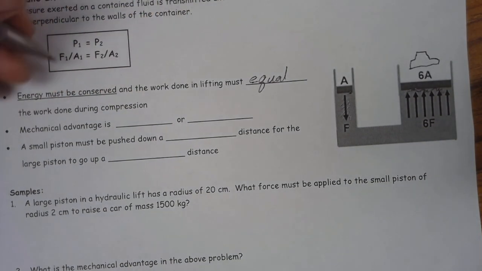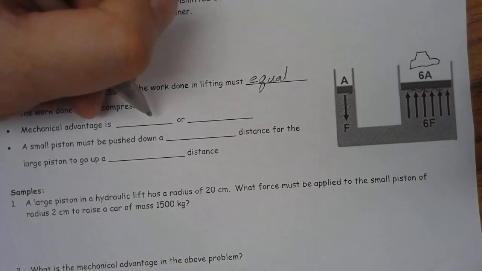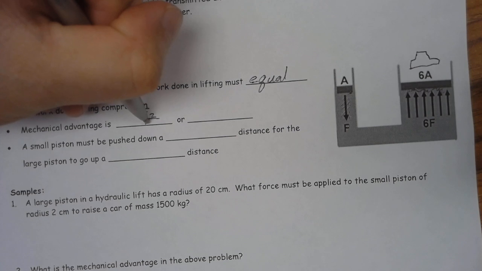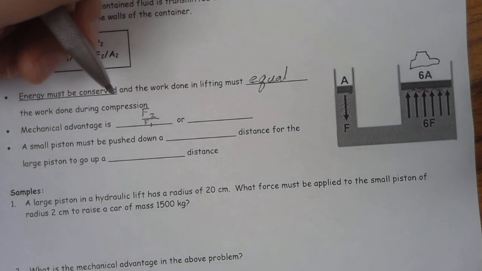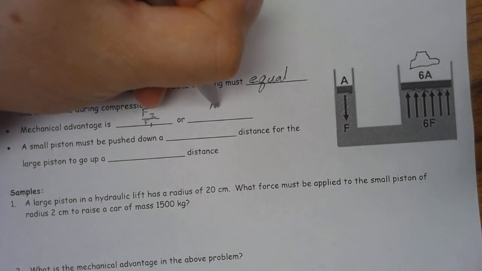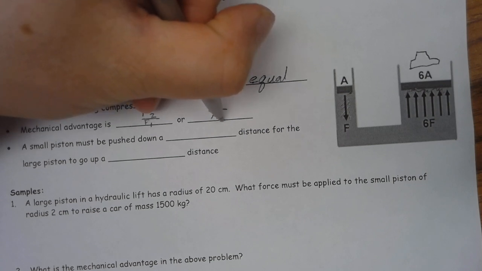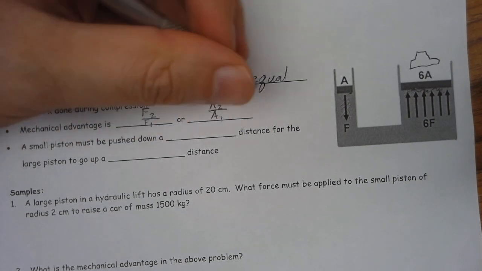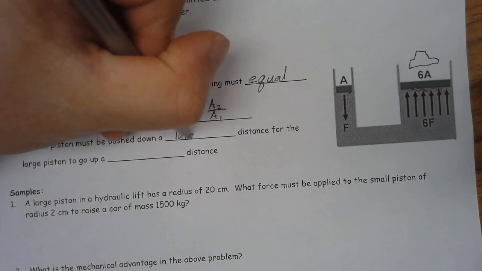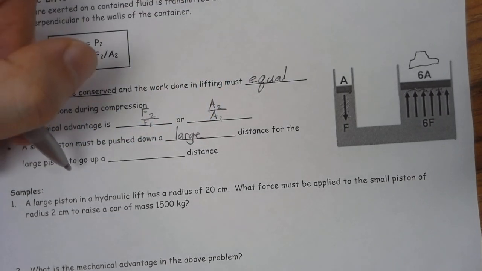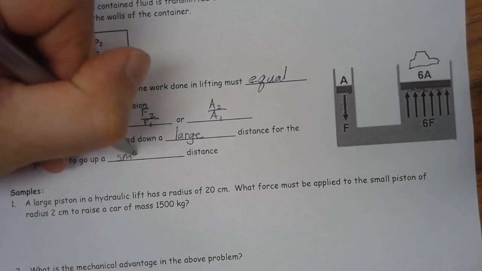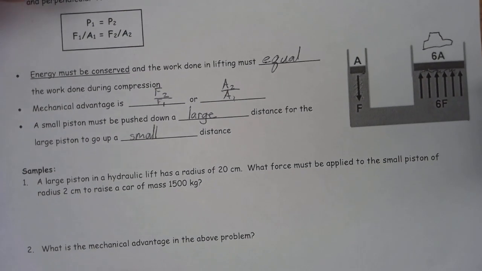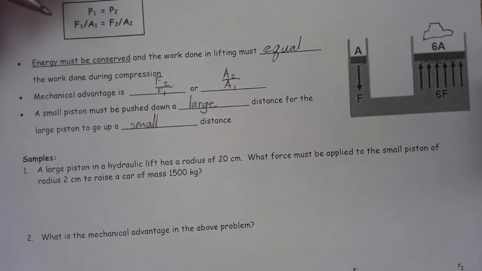So our mechanical advantage, or the reason why this is very helpful, is that our force output F2 divided by force F1 will be the ratio of the areas, area 2 over area 1. A small piston must be pushed down a large distance for the large piston to go up just a small distance. And again, we're talking about force times distance equals force times distance.